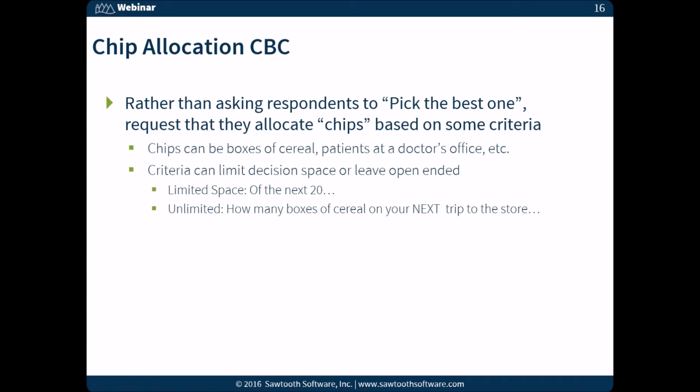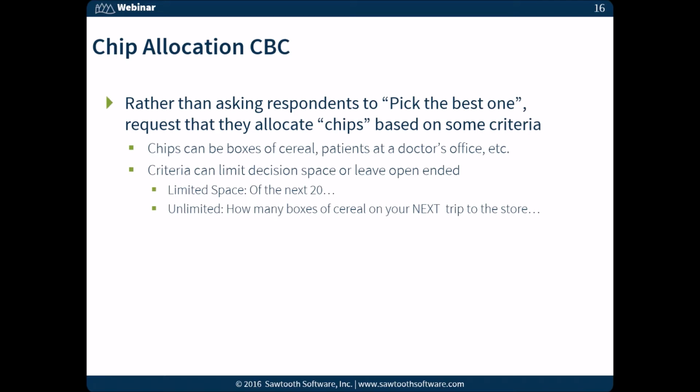And the really great thing about the software is that the criteria you choose can either limit the decision space or leave it open-ended. If you have a limited space, an example would be of your next 20 visits, or of your next 10 purchases, or out of 100%, what is your preference, things like that.